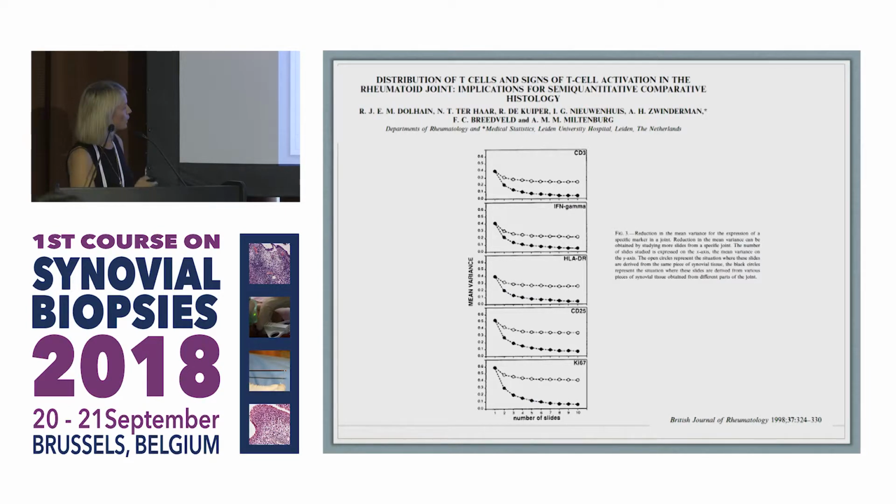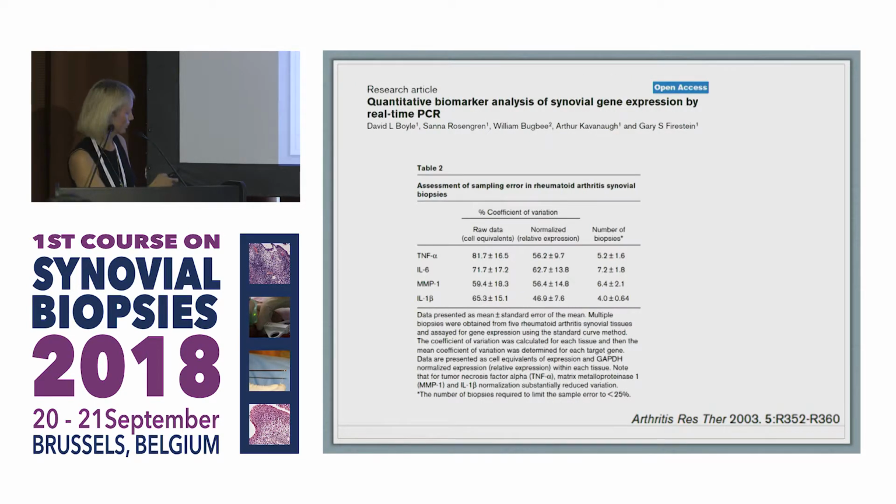This is important in particular because previously, what had been demonstrated from arthroscopic samples was that to get a representative view of the joint, we needed to look at least 6 synovial biopsies. This was true for immunohistochemical parameters as well as gene expression data.